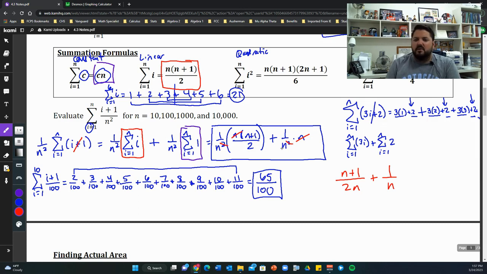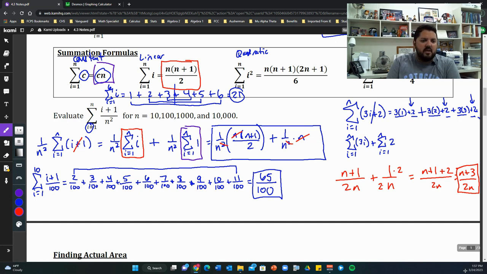To be able to combine those, I would just have to multiply top and bottom by 2. So in this case, I would get n plus 1 plus 2 over 2n, or (n plus 3) over 2n. So that is the final expression. That is the value of this sum.